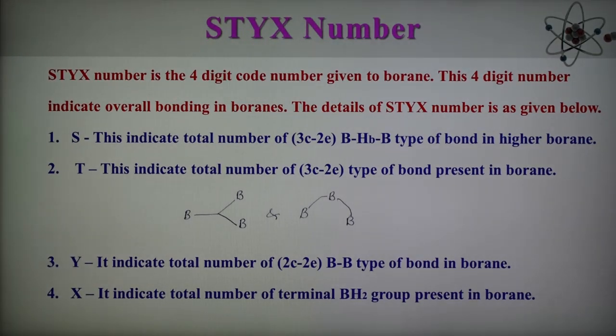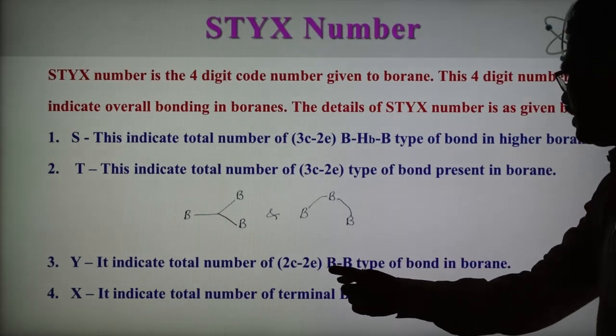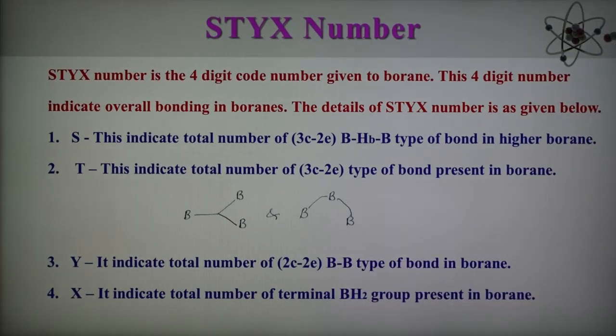So here again 3 nuclei and 2 electrons are involved. So this is again a 3-centered 2-electron type of bond. So this is T, and Y indicates the total number of 2-centered 2-electron bonds, the boron, boron type of bond which is present in the higher boranes. And number 4 is the X, which indicates the total number of terminal BH2 groups present in the higher boranes. So how many total BH2 units are present in the higher boranes, that is the X.